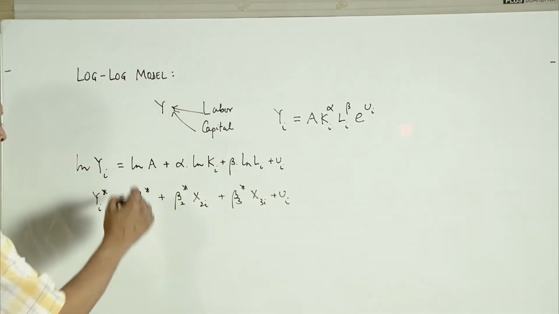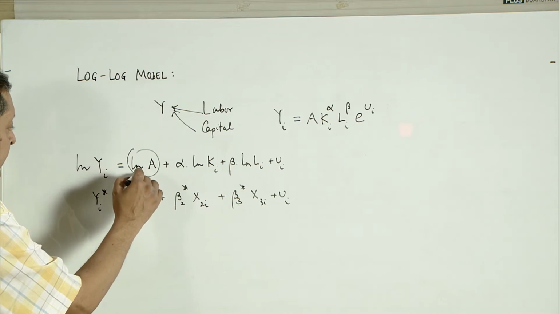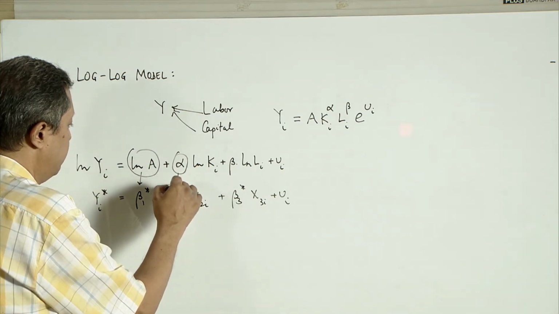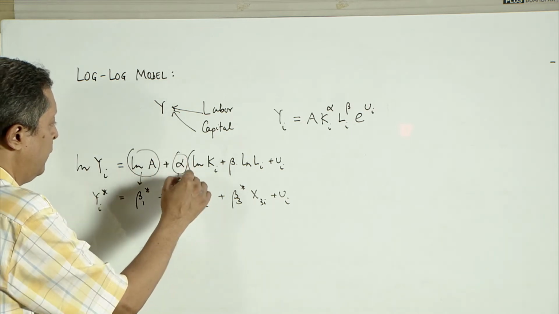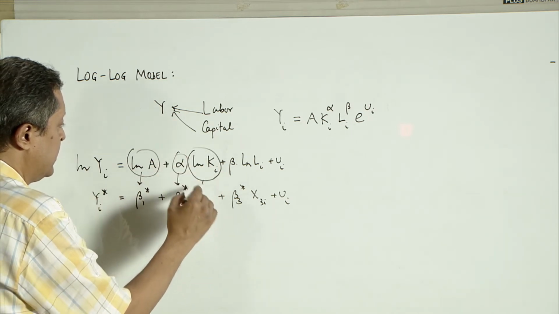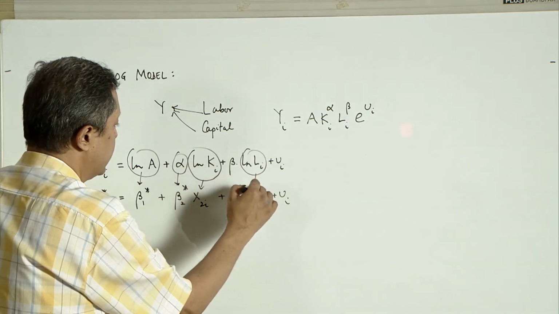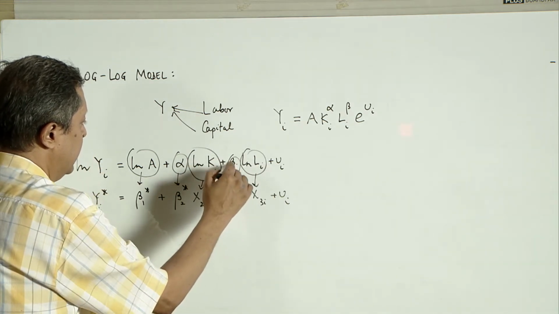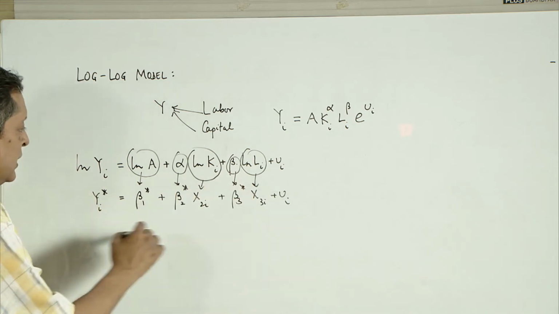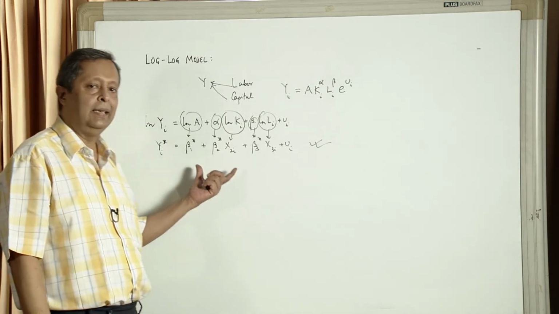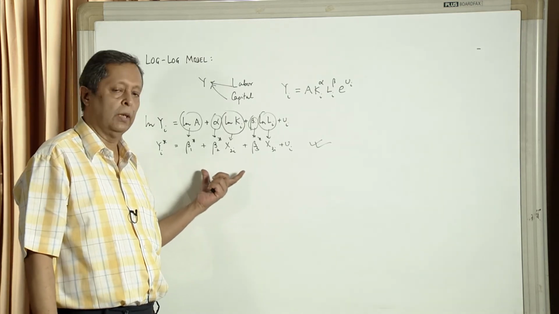So, what we have done is we have denoted log of a by beta 1 star, alpha as beta 2 star, log of ki as x2 and log of li as x3, while beta is denoted as beta 3 star. So, this format suits the classical linear regression model.